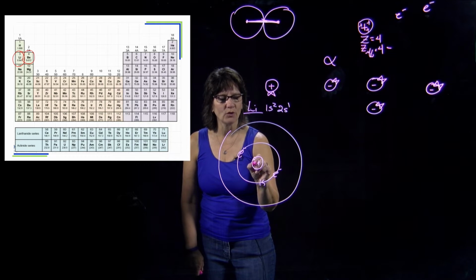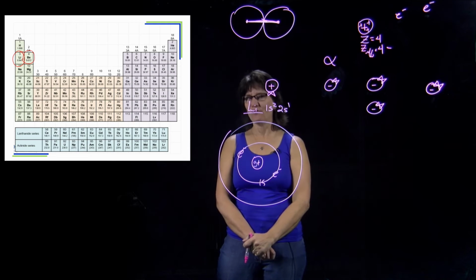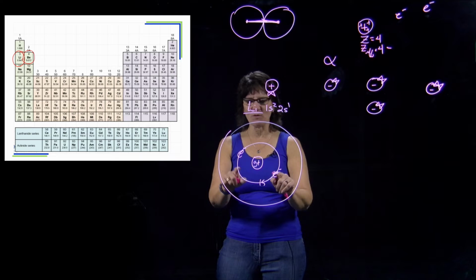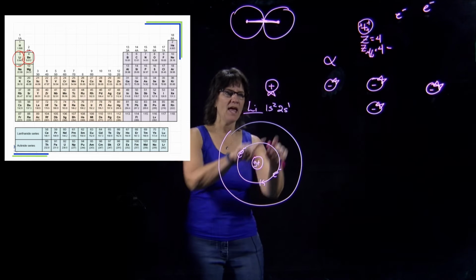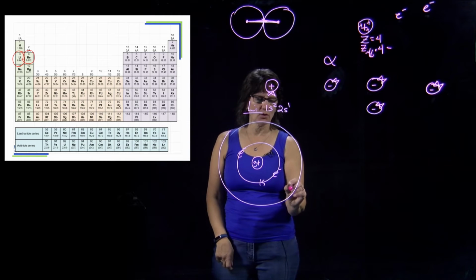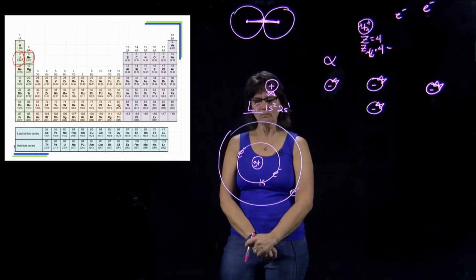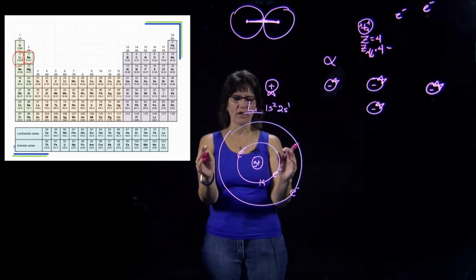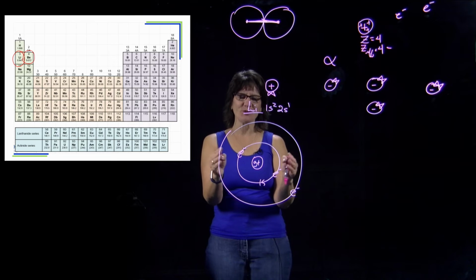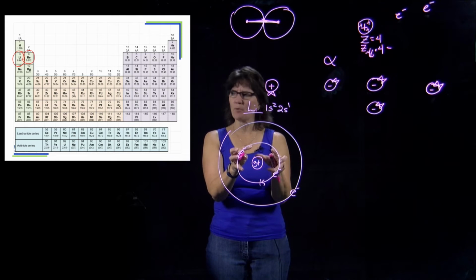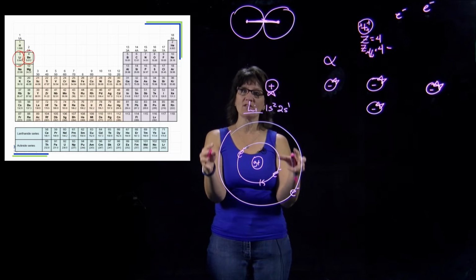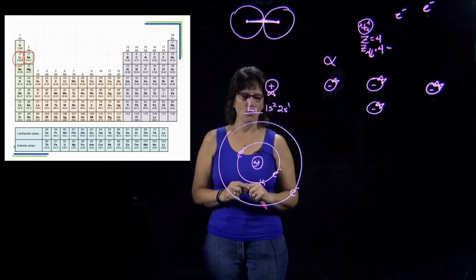It has 3, and I'll let you fix that in your notes. It has 3 protons, it has 3 electrons. We put the first 2 electrons in, and now the last electron is going to go out here. So that is a representation. It's two-dimensional there, but we have this sphere shape right here with 2 electrons in it, and we move a little further out into the 2s sphere, and we have that 1 electron.